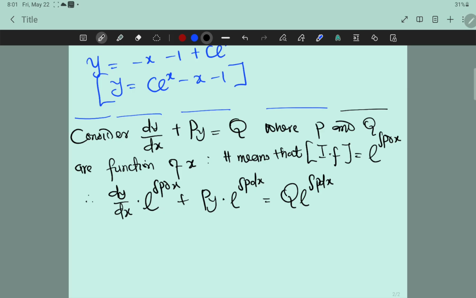This is the point where we multiply through by the integrating factor.